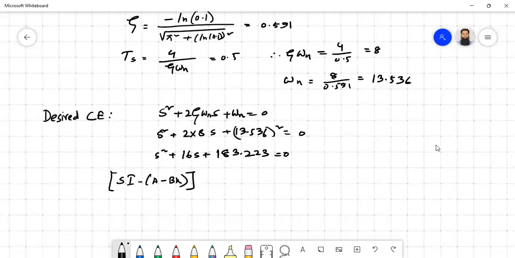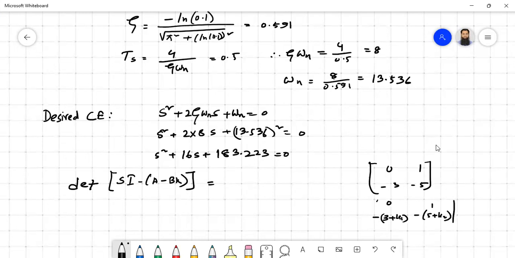Since our system matrix is 0, 1, minus 3, minus 5, A minus BK will eventually give us 0, 1, minus 3 plus K1, and minus 5 plus K2.